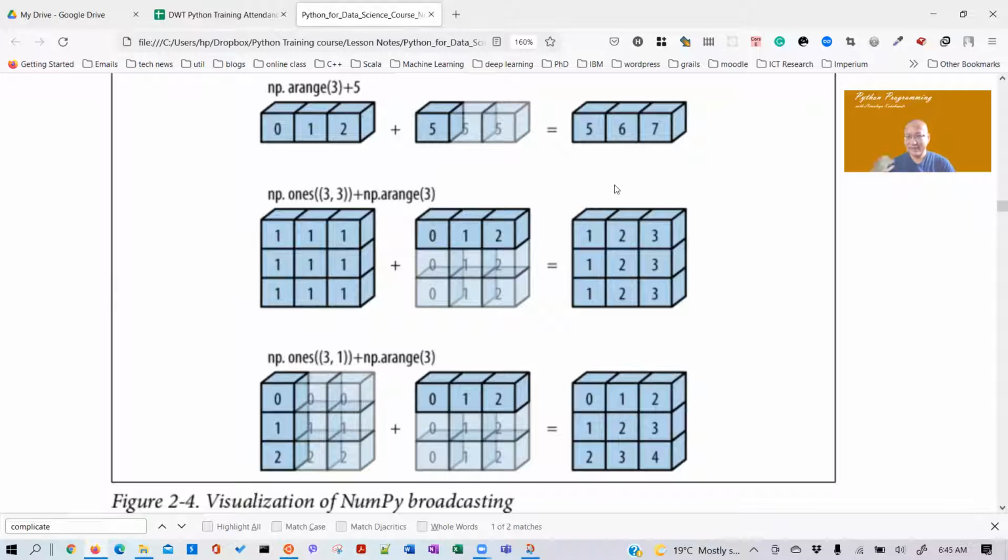It doesn't actually happen this way, but intuitively, if you think of it this way, it's the picture, and everything falls into place. It is simple element-wise addition, the same thing.